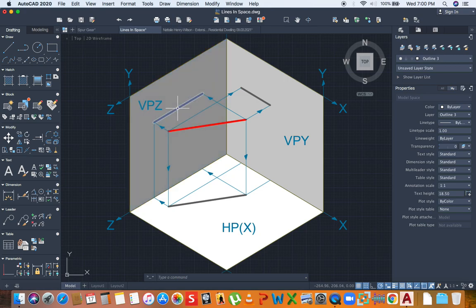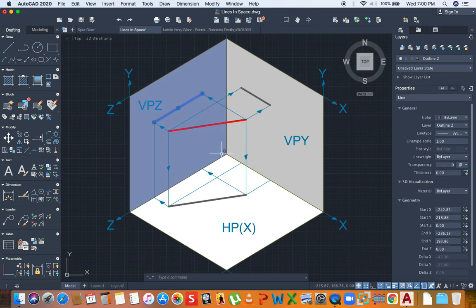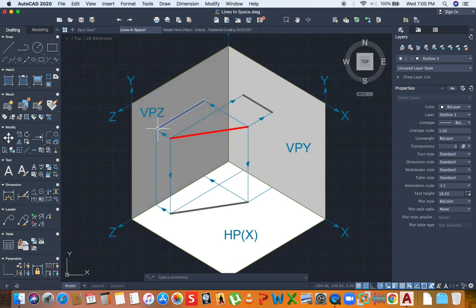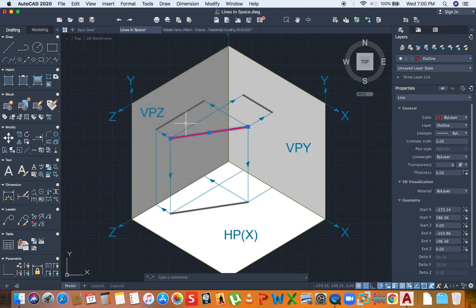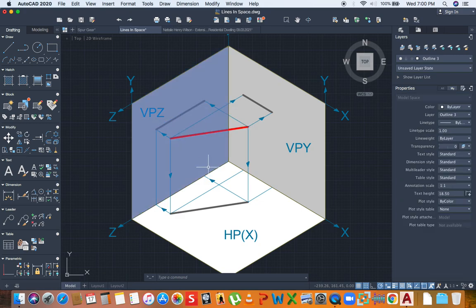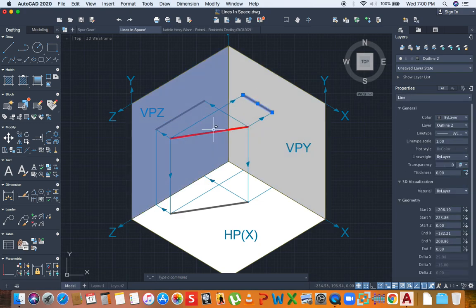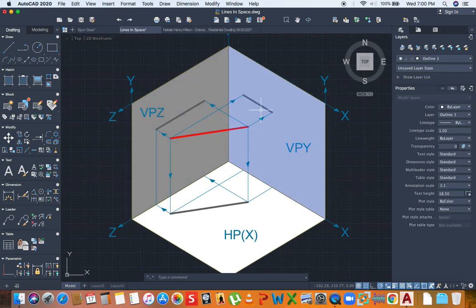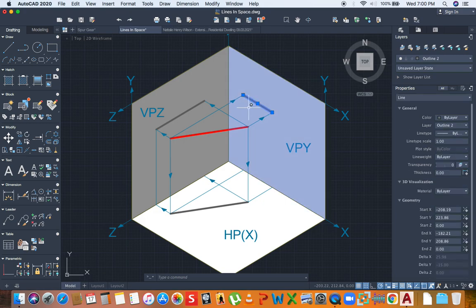If you look at the front view of the line, you'll also realize that the line appears shorter. Why? This line is at an angle to this line. This line appears shorter than this line. This is the side view of the line now. It appears shorter because this line is not parallel to the plane.